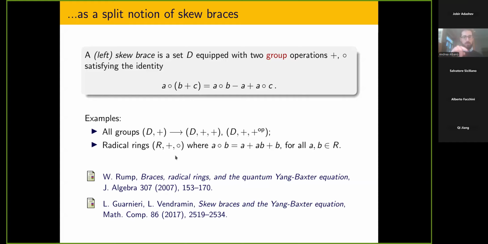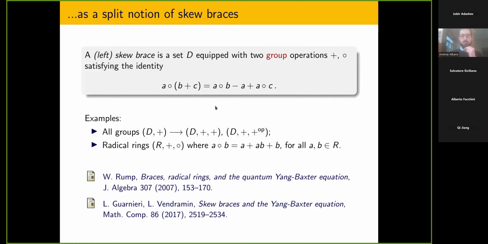Here we are dropping the term skew since the plus operation is commutative. The first examples were indeed given by Wolfgang Rump in 2007, and the theory was later generalized to the non-commutative setting by Guarnieri and Vendramin in 2017.